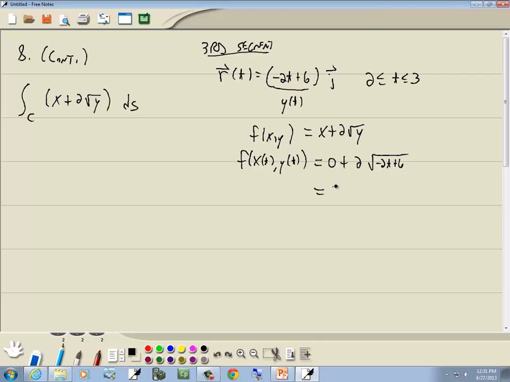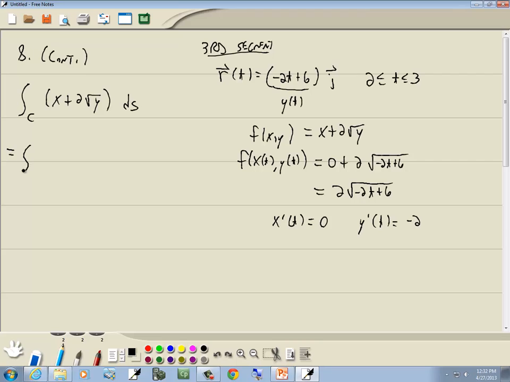So that's equal to 2 square root of negative 2t plus 6. Well, we need x prime. If x of t is 0, then x prime is 0. We also need y prime. Well, that's the derivative of y of t, which is negative 2.